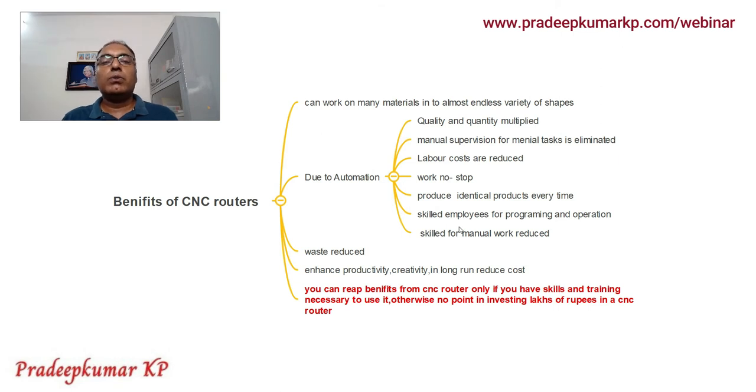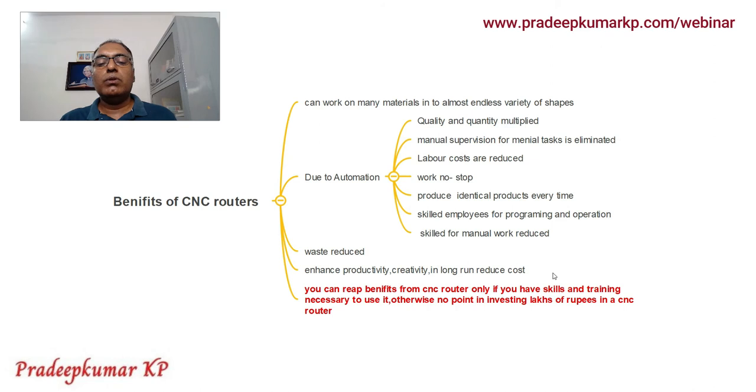So skilled employees are required there, instead of at the operational level. Skilled manual work is reduced; there is not much manual work as far as a CNC router is concerned. Also waste is reduced, with a lot of material saving.